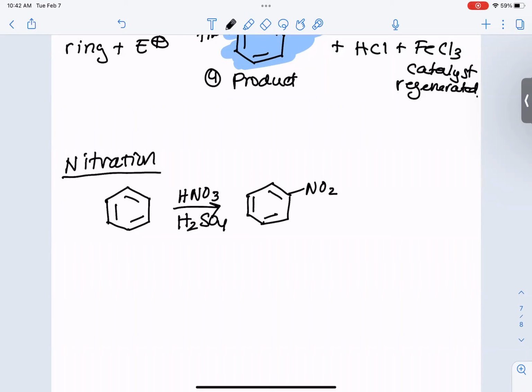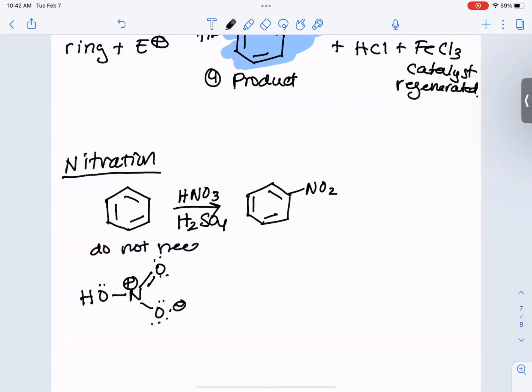So in order to generate a nitrate electrophile, you do not need to know this step. You do not need to memorize this. I'm just showing you how you draw it out.